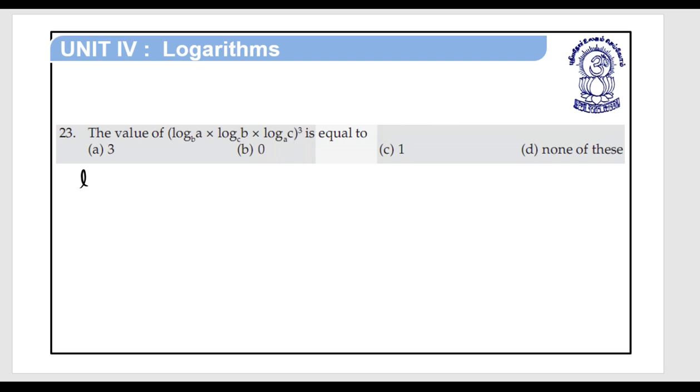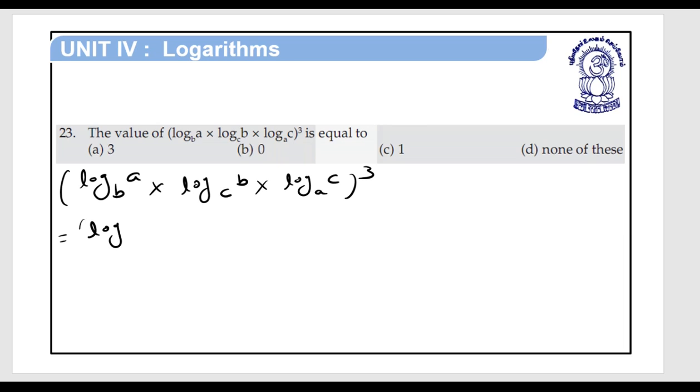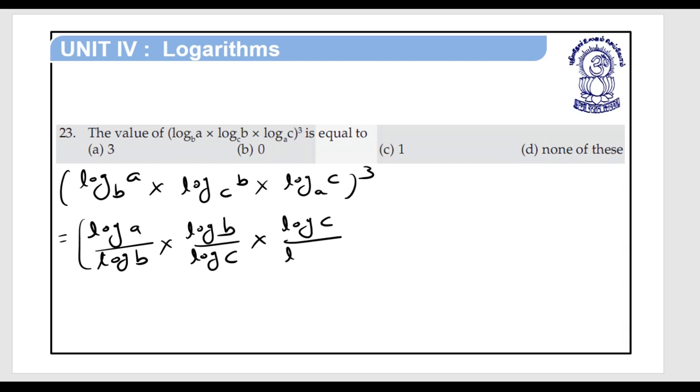Here we can write log a by log b into log b by log c into log c by log a. Log a cancels, log b cancels, log c cancels. Here cube, so 1 cube is equal to 1. So the answer is C, 1.